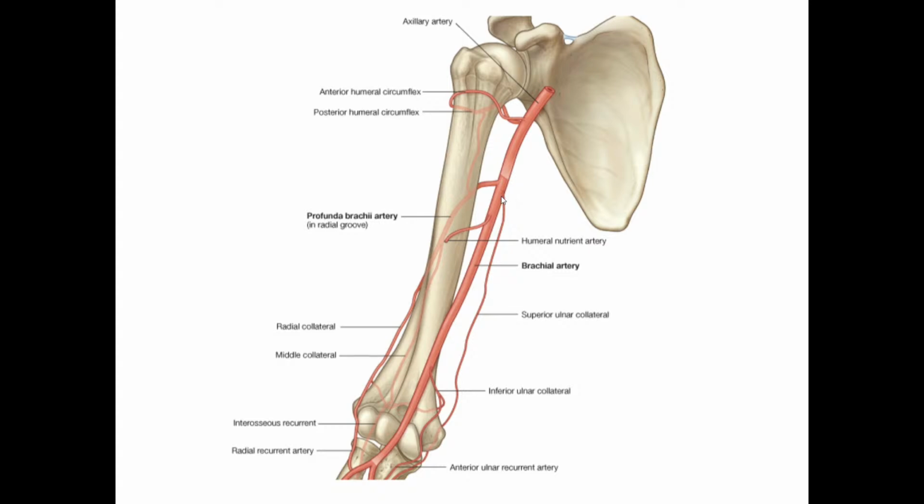Also, one branch of the brachial artery is the superior ulnar collateral, and it comes down and goes to the ulnar bone. Another branch is the inferior ulnar collateral, which is just above the elbow, and after the elbow it becomes the anterior ulnar recurrent artery. So we will once again go through it, but just to discuss the anatomy and blood supply of the hand here.